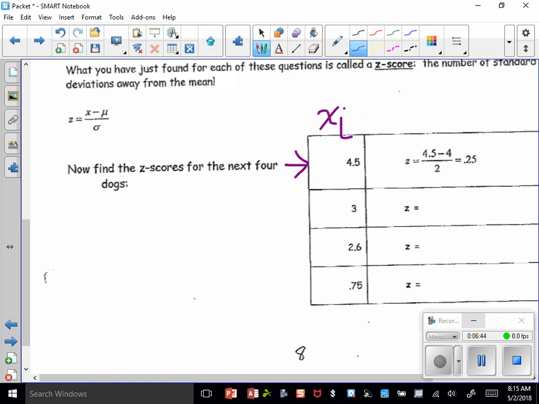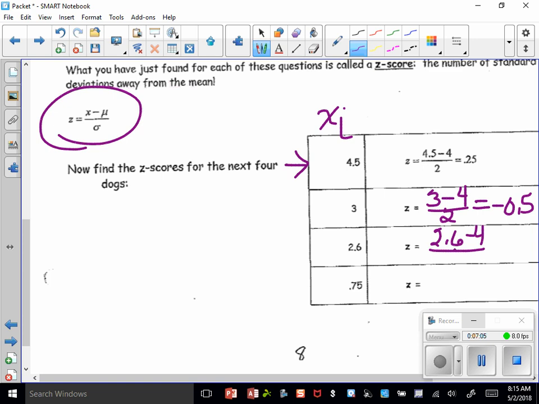Okay. So here's our formula here. So this time my X value is 3 minus the mean, divided by 2. That's going to give me a negative 0.5. 2.6, we have 2.6 minus 4 divided by 2.